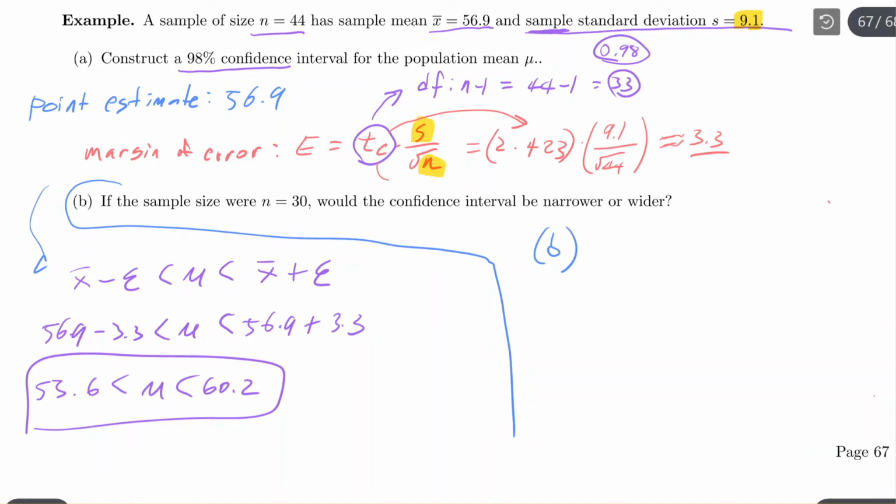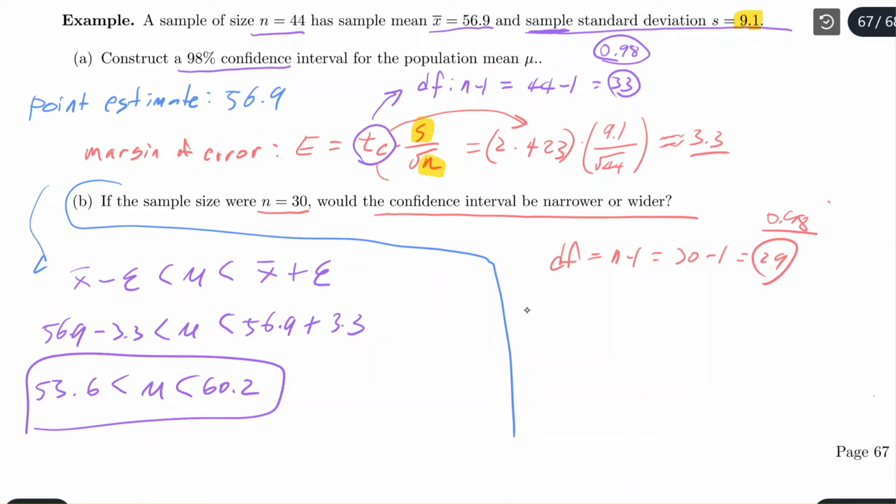Part B asks us, if the sample size were 30, would the confidence interval be narrower or wider? So the sample size is less. If this is not intuitive, we can just try. The degrees of freedom is n minus 1, which is 30 minus 1, which gives us 29. And with 0.98 again.